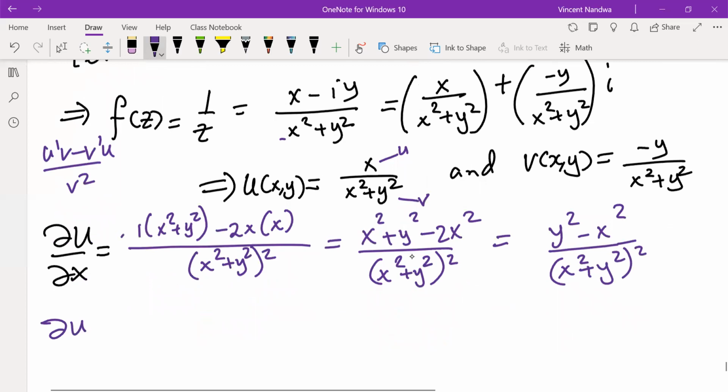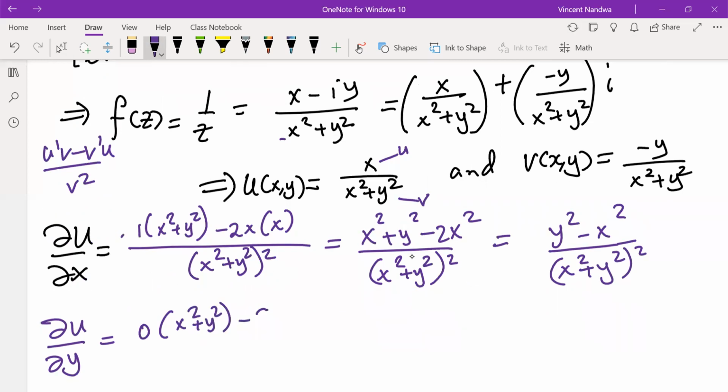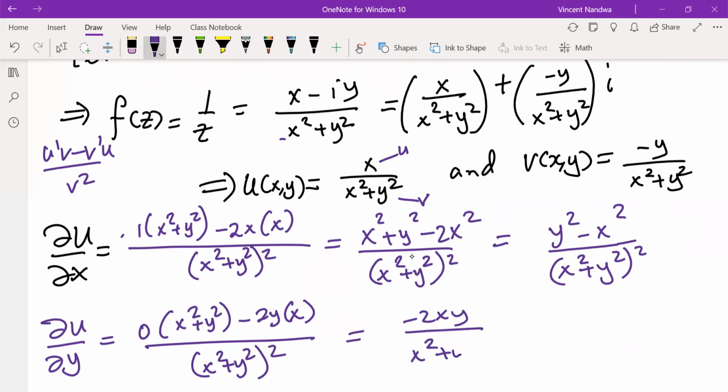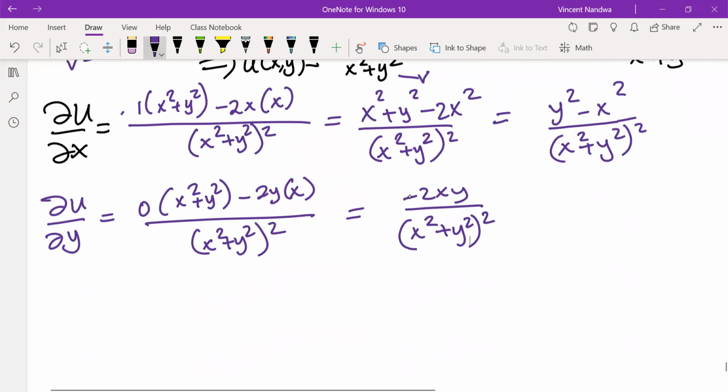Next, partial u, partial y. So this is u and v. So u prime is 0 times x squared plus y squared minus v prime, which is 2y, times x, divided by the square of v. So which will be negative 2xy over x squared plus y squared, squared. Now partial v, partial x.